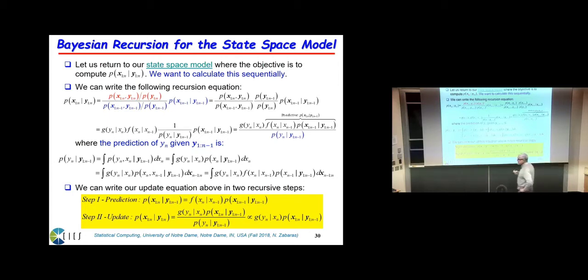What I want to do is start building some recursive equations where, if I compute this posterior at n minus 1, I should be able to reuse that at time n. That's the objective. We're going to compute this posterior at time 1, time 2, time 3. So can we write down some recursive equations where I can use the posterior of x 1 to n minus 1 given y 1 to n minus 1 to compute that?